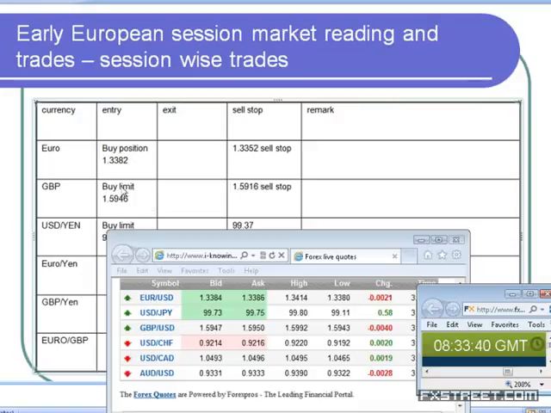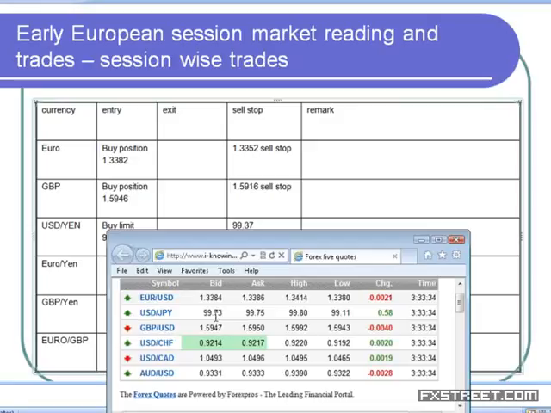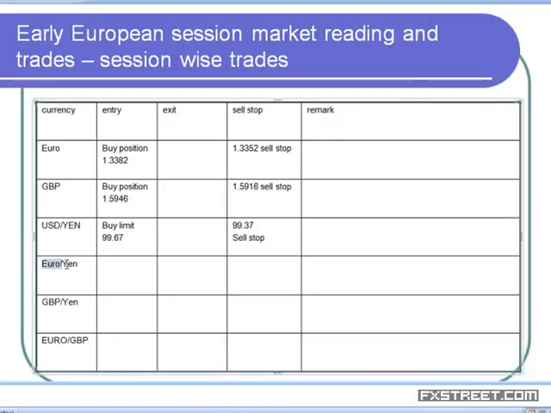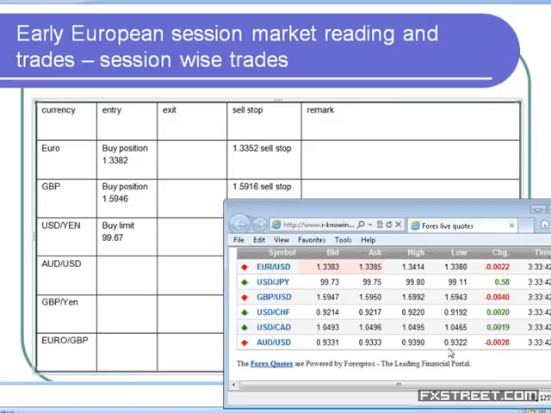Now our GBP position is also filled. And yen has not been filled, and we will take Australian dollar. So we have to mention that. Australian dollar, and they just cut the low and they just come back quickly.